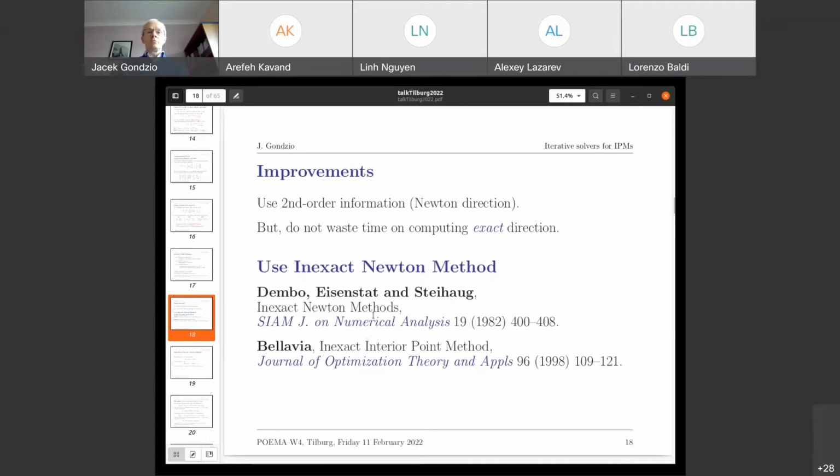It's an old work of Dembo, Eisenstat, and Steihaug, but it has also been relatively early spotted by Stefania Bellavia that it can be used in the context of interior point methods.